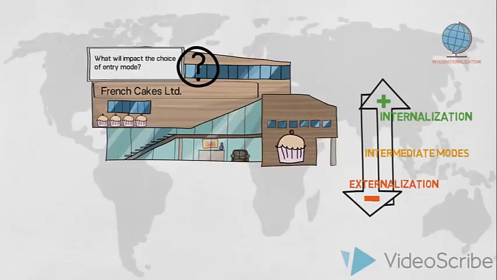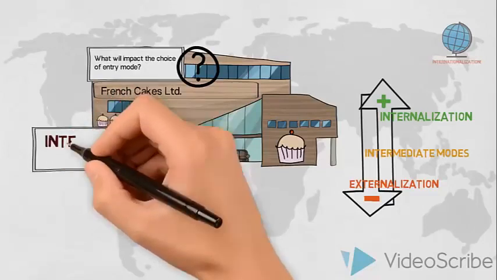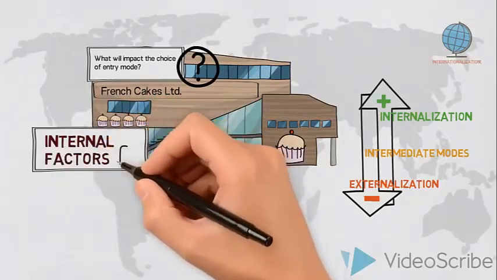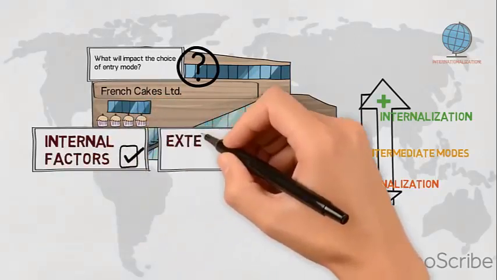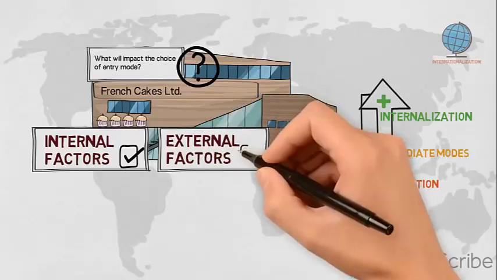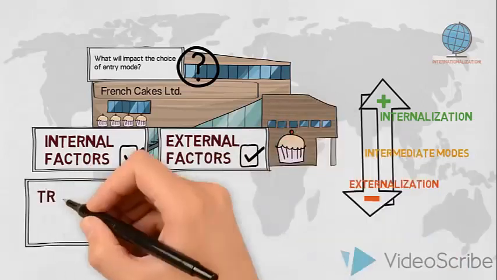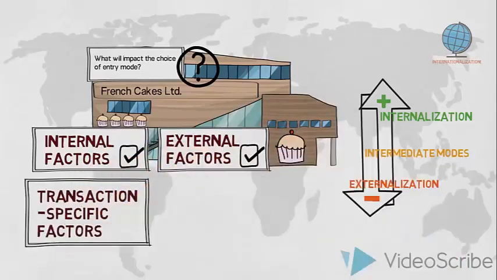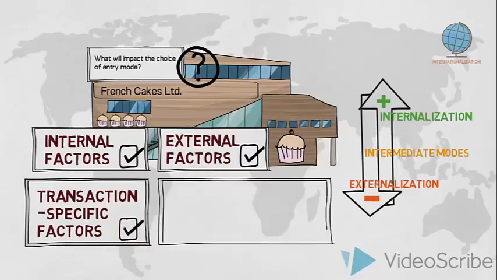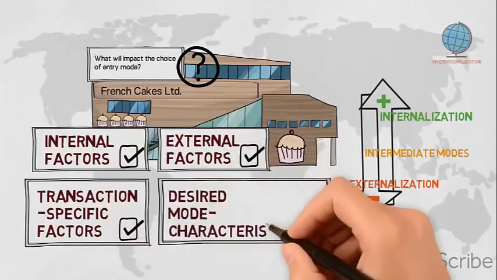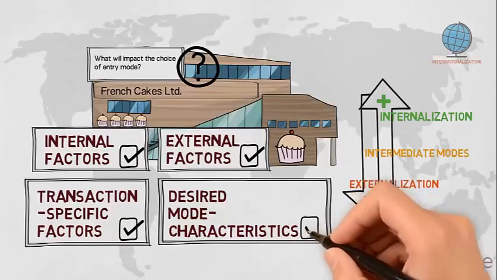Now we have evaluated 4 sets of factors that will influence French Cakes' decision of entry mode. We have addressed the internal factors, the external factors regarding the UK market, the factors evaluating outsourcing suitability, and which mode characteristics French Cakes desire.